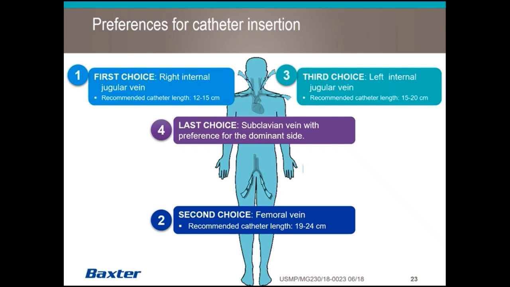Many acute kidney injury patients need permanent or temporary dialysis following their acute kidney injury event. So the ability to have an AV fistula or an AV graft for therapy is important. So the KDIGO guidelines do recommend avoiding a subclavian vein if at all possible if there's another access available.